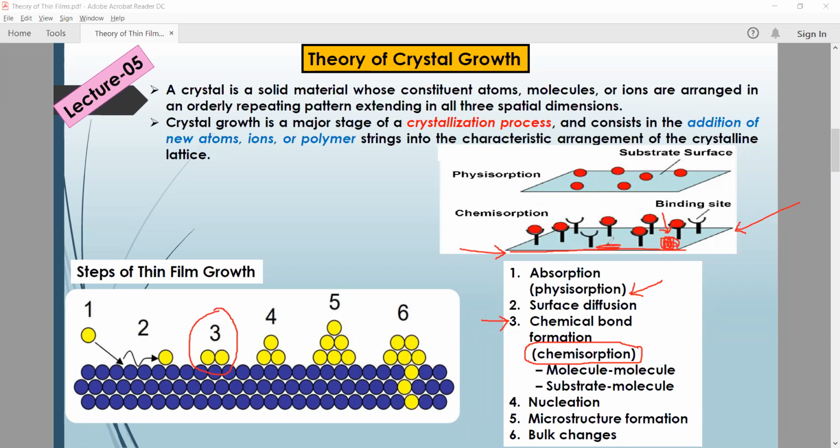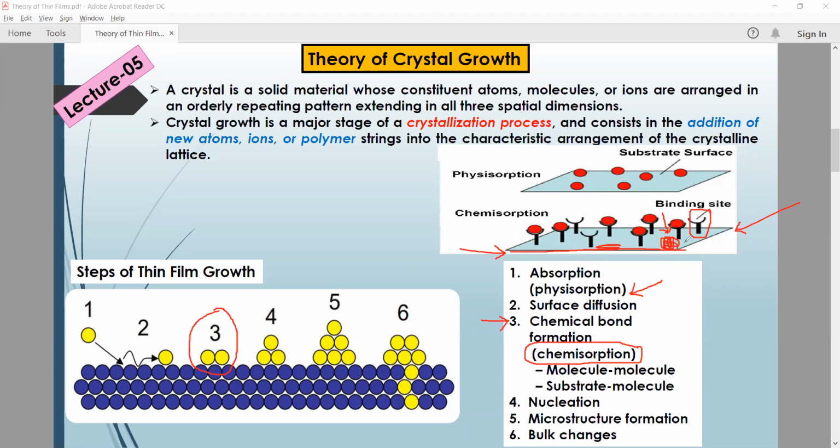During the chemical bond formation time, the substrate catches the molecules towards the substrate side. And these are the binding sites. This indicates a binding site. It means they can bind the atoms, they can bind the molecules towards the substrate side.